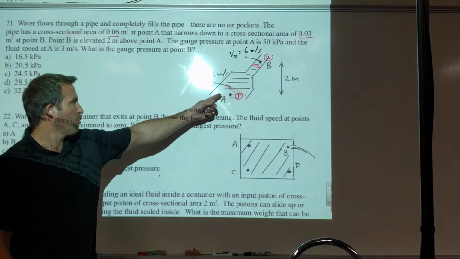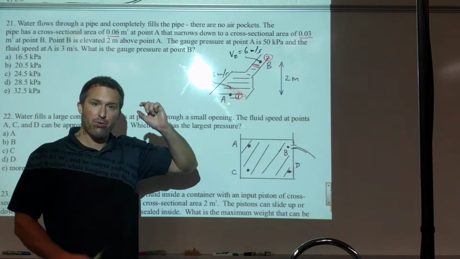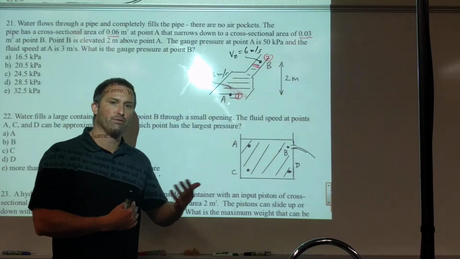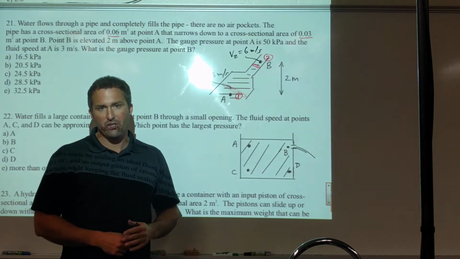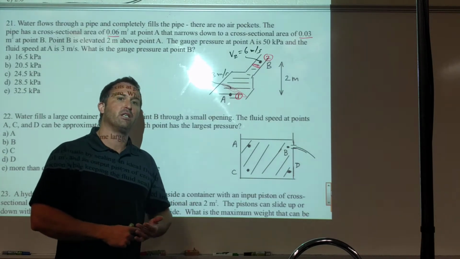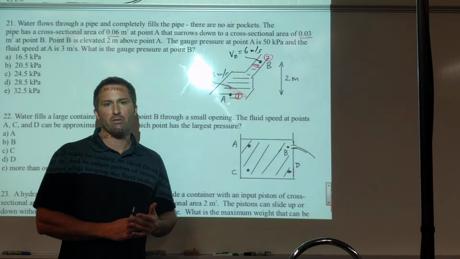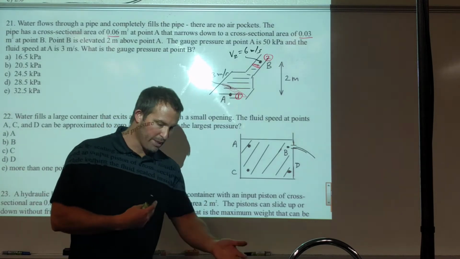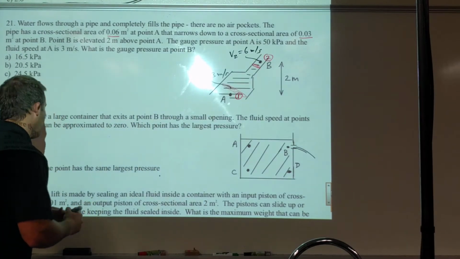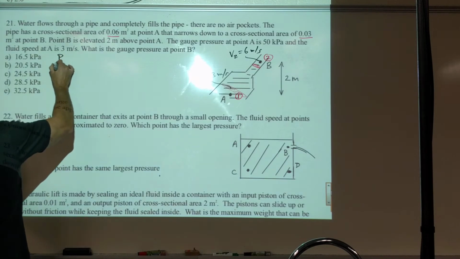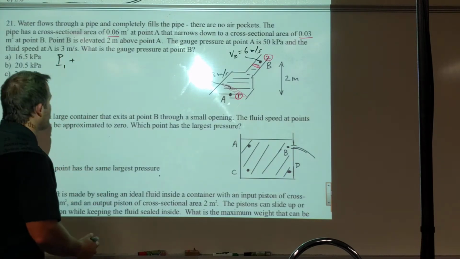What do we have here? We have point A and point B, two points in this connected fluid, and there's some relationship between the pressure, the height, and the fluid speed at those points. So there's kind of a big equation here. Let's just write the whole thing out. And again, I'm just using points 1 and 2 instead of A and B.